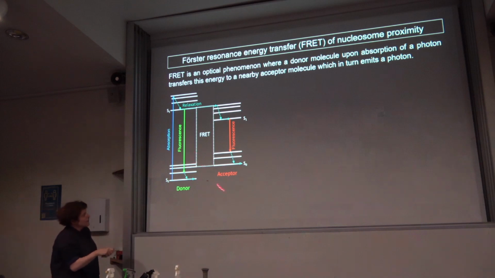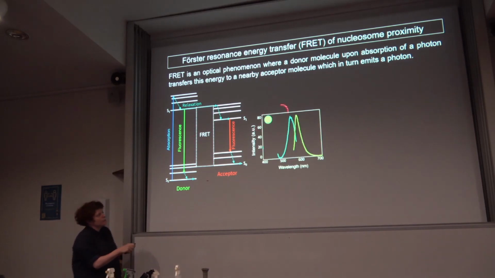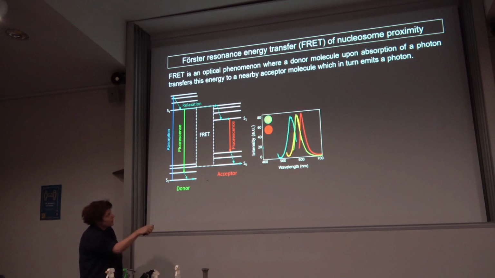Well, if there's another fluorescent molecule really close by that happens to absorb the same energy that was emitted by this fluorophore, so let's say we had some green fluorophore, it's excited at 500 nanometers, it emits a photon at 550 nanometers. If there's a red fluorophore really close by that happens to absorb where that green fluorophore emitted, then it will take that energy and emit a red photon.